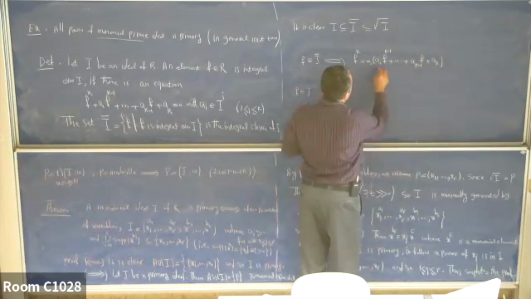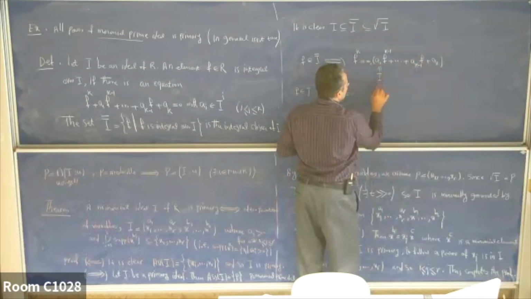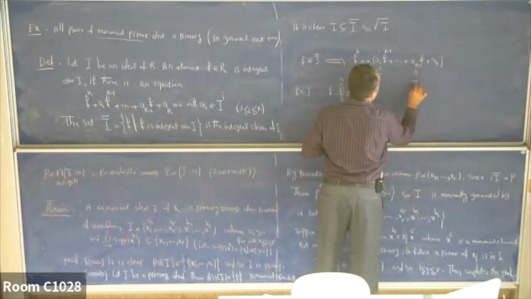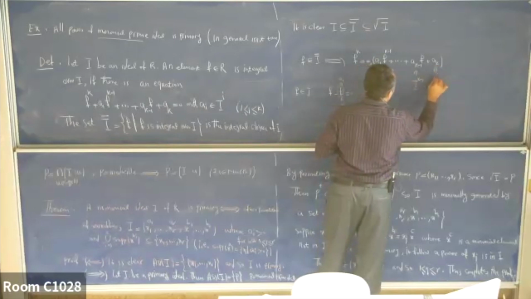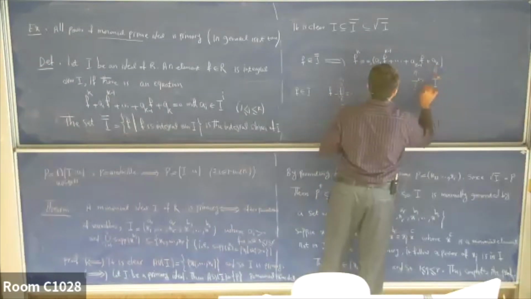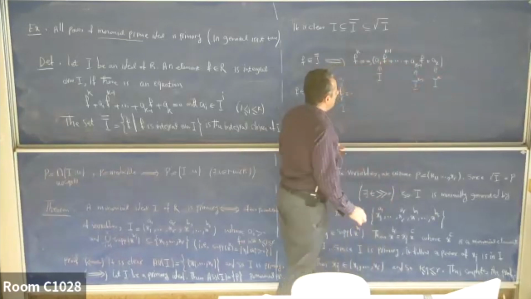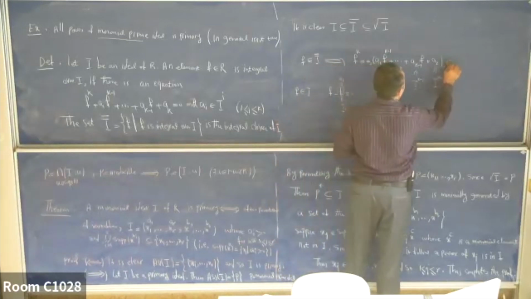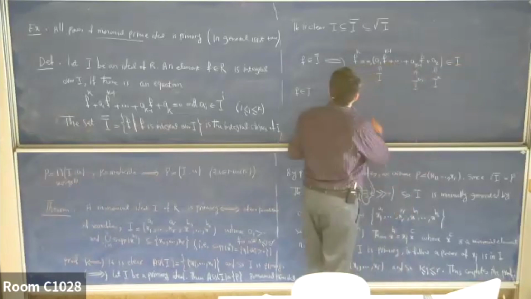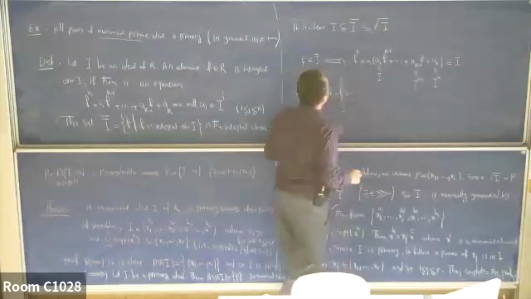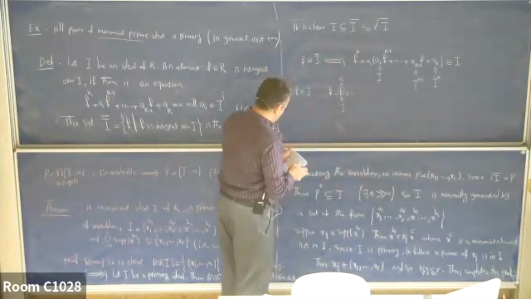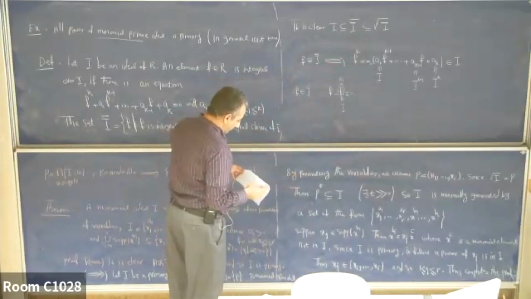All of these summands are in I, so f^k is in I, and f is in the radical of I. So we have this inclusion.